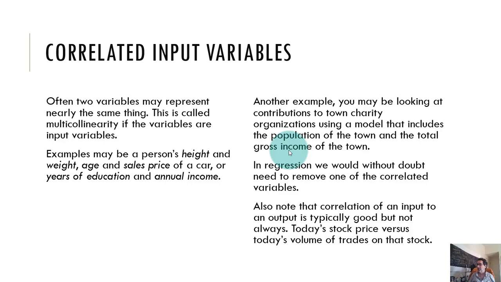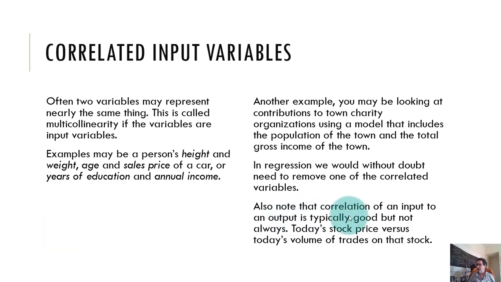So obviously the total gross income is going to depend on the population, and there's going to be a pretty strong correlation between those two. So that would be another example. So if this were a regression, we'd have to remove one of them.